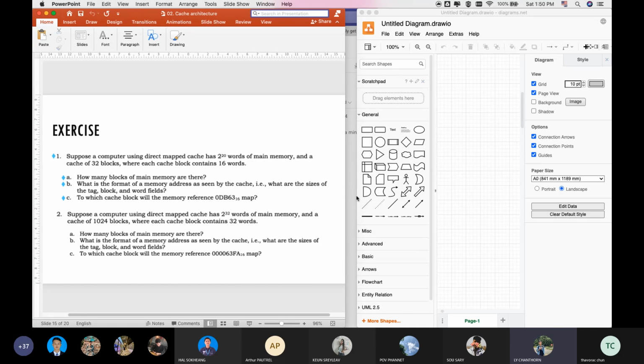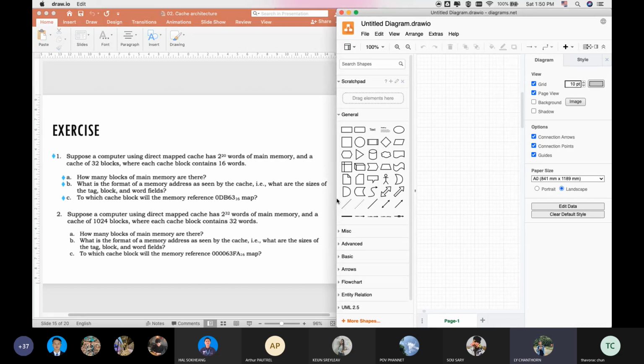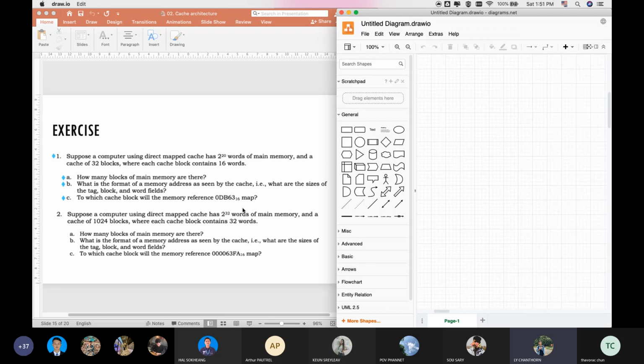So here the exercise represents how the CPU accesses the cache, how you can locate the data inside the cache, and how it is mapped between cache and RAM. About exercise one, you can find the exercise inside our ebook as well. There are a lot of exercises you can find in there, and you can practice with it.